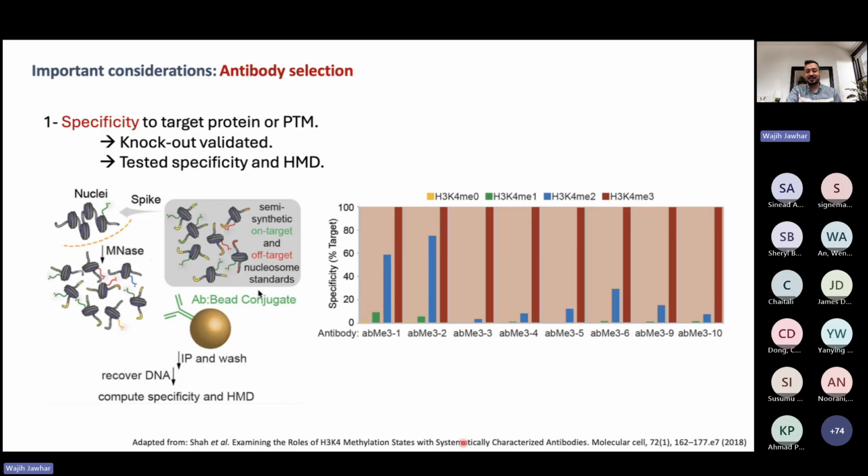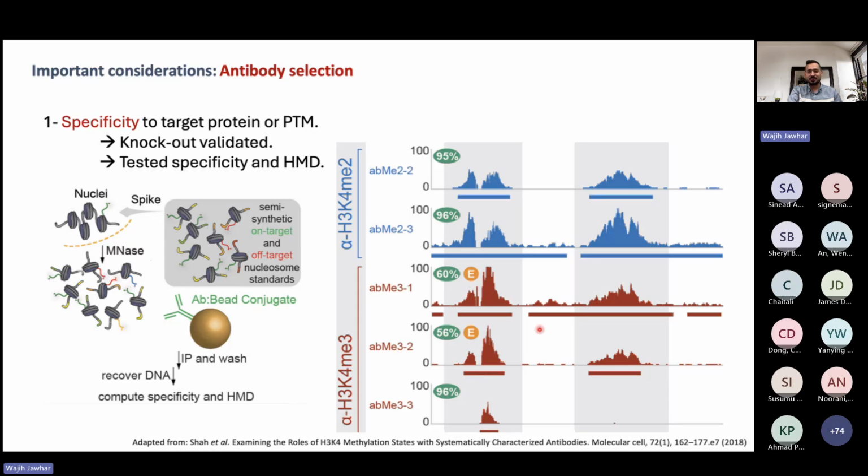And when you look at these tracks, whether it's ChIP-seq or CUT&RUN, if you look at these two antibodies that have a low or medium specificity for K4me3, they actually more resemble K4me2 tracks and less that of an actual K4me3 track done with an antibody that is very specific to K4me3. So this shows you how important antibody selection is and how it can influence or bias the results and your interpretation.